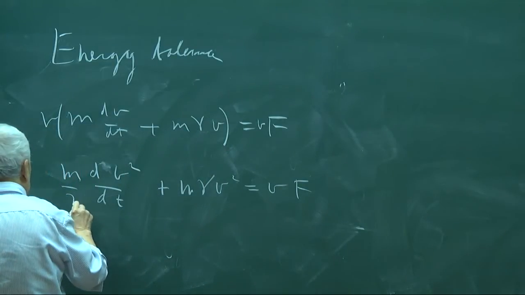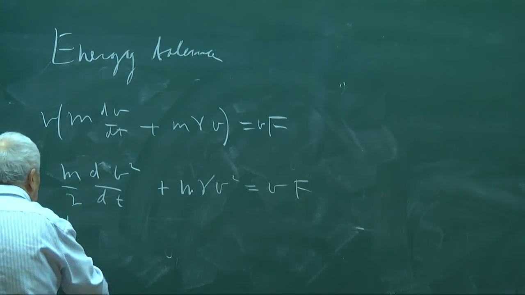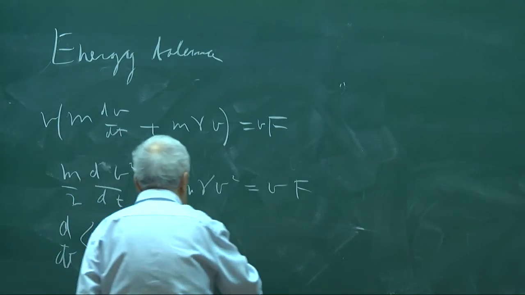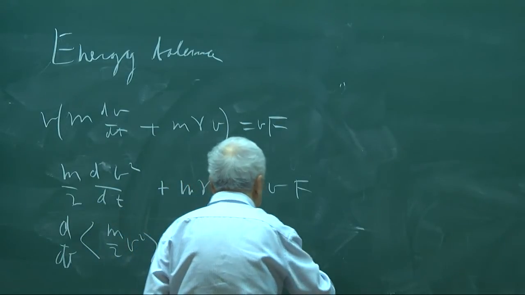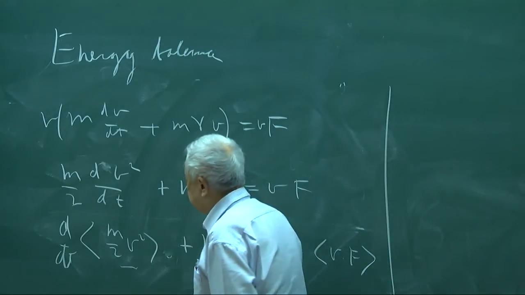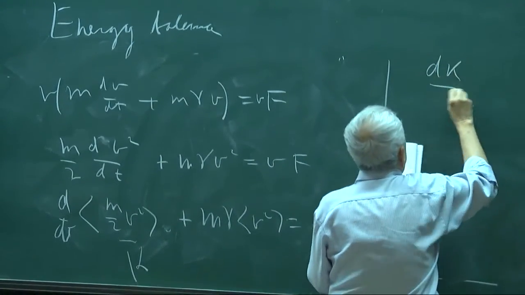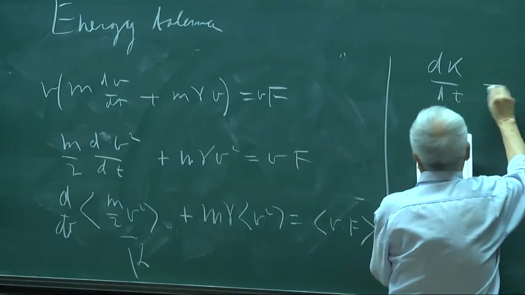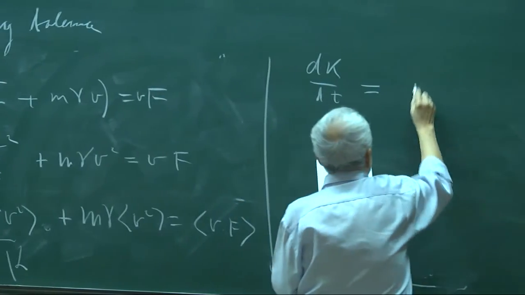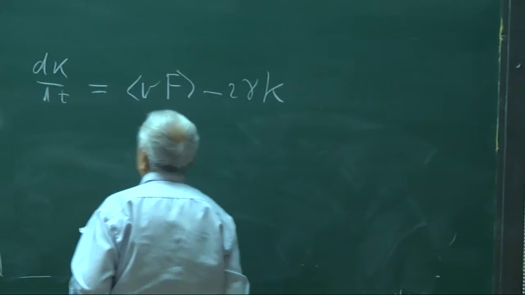So if I take the average, I get d/dt of the average of m v squared over 2, plus m gamma v squared, is equal to vf. This is the kinetic energy, called K. Therefore dK/dt is equal to vf minus 2 gamma K. Okay.